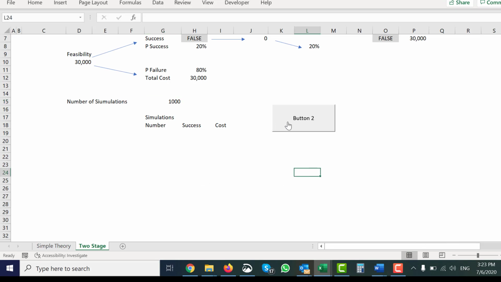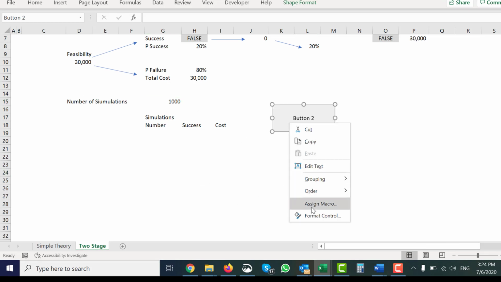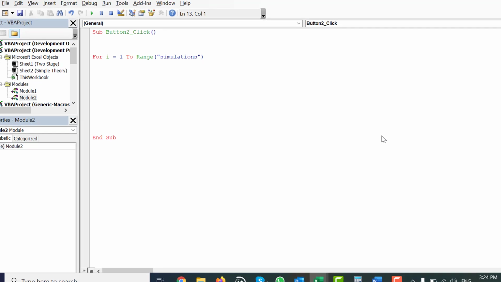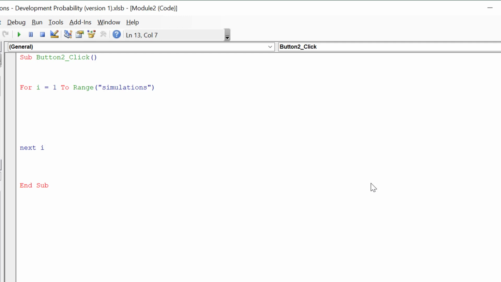So we go to the for I equals 1 to range simulations. Now I have just been wasting all day trying to balance the balance sheet, so my mind is a little soft here. Then we put range output.